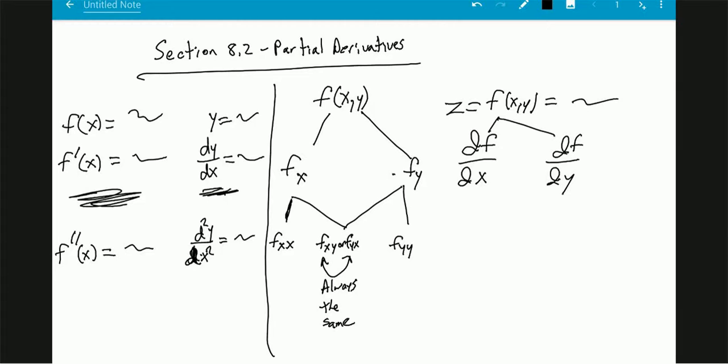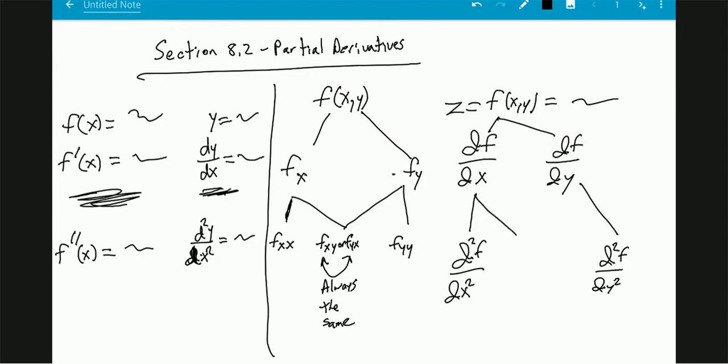To show you Leibniz notation, f sub double x would be this, the second derivative of f with respect to x twice. Okay. Likewise, let's go over here to the other end. Let's say you have the second derivative of f with respect to y twice.